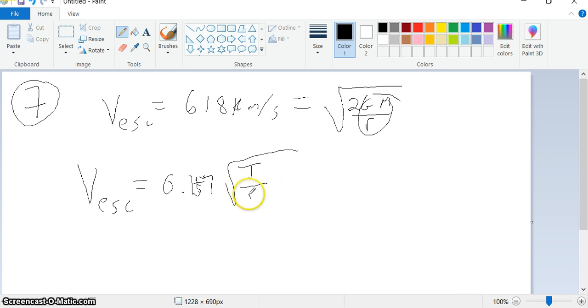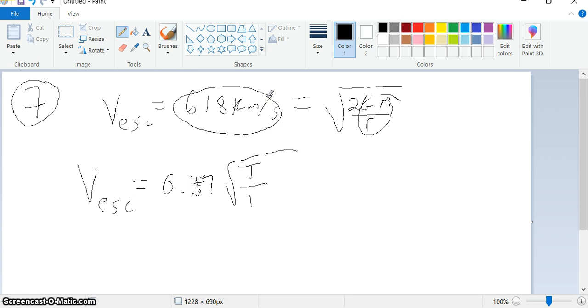The reason it's divided by 1 in this particular case is that would be the atomic mass of the gas. Since hydrogen just has 1 proton, the atomic mass would be 1. So if we set this equal to this value, then we can figure out what that escape speed would be.